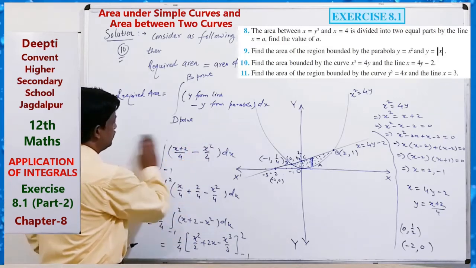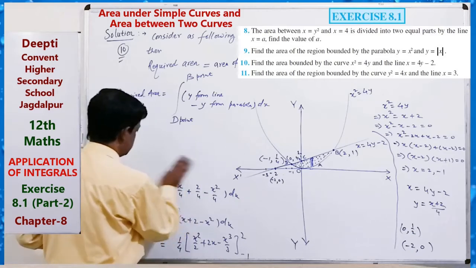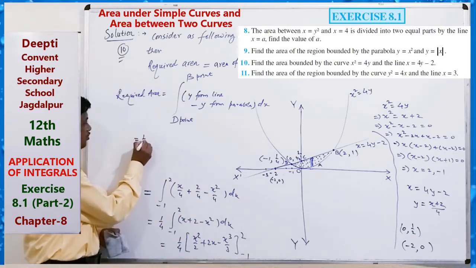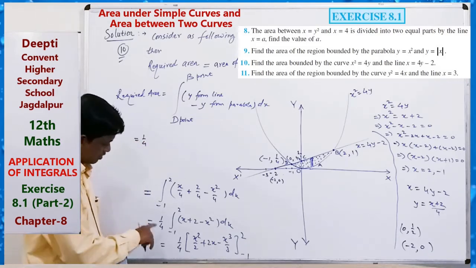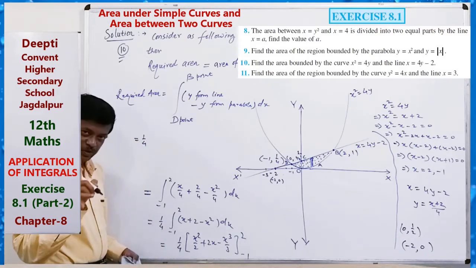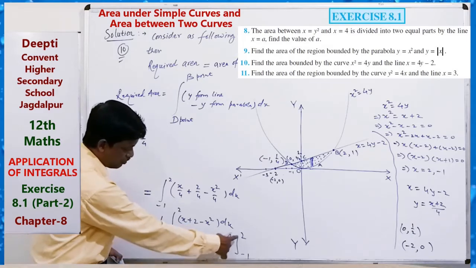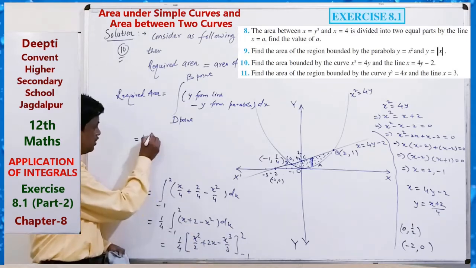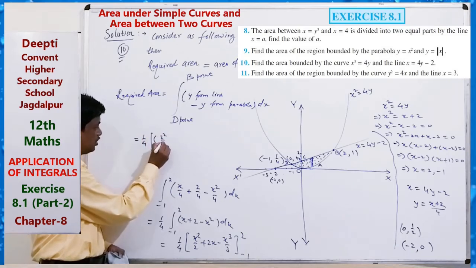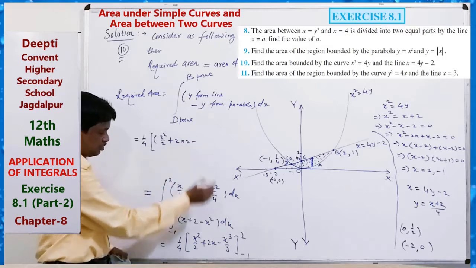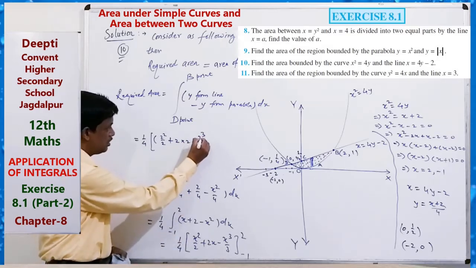Okay, so we can get it like this. This is equals to 1 by 4 times x square by 2 plus 2x minus x cube by 3, where in place of x we write 2: 2 square by 2 plus 2 into 2 minus 2 cube by 3.